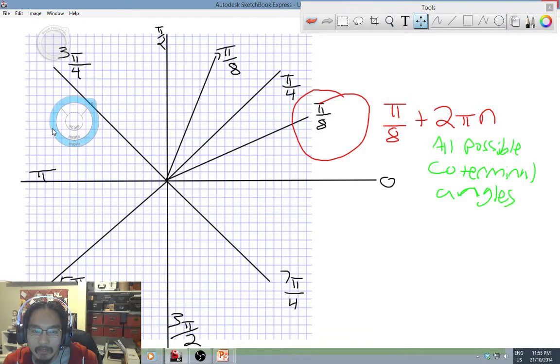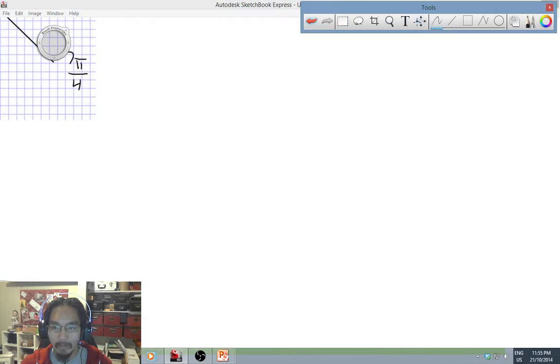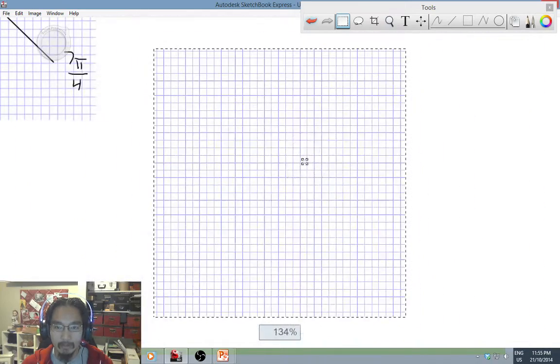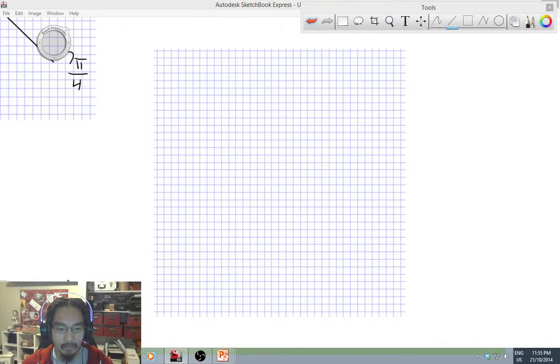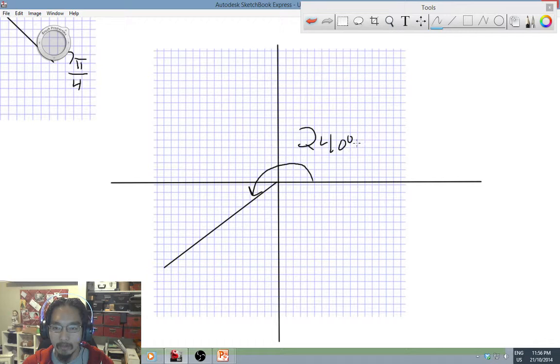If I had a degrees angle, okay, I'll just pick one. If I had an angle here, and the angle was 240 degrees, then all possible coterminal angles will just be 240 degrees plus 360 degrees times n.